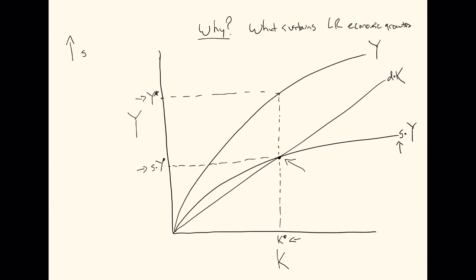So as we increase our savings rate, let's just do our initial increase. We can see that S2 times Y, and again, Y's are staying the same. The only thing that's changing is the S2 here, leads to this new steady state, which would lead to a higher level of GDP.